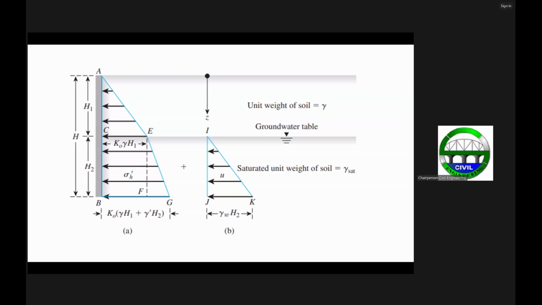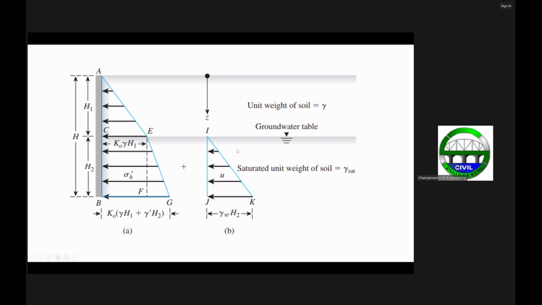For example, here you now have your wall AB with a height H. Let's divide that into H sub 1 and H sub 2, where H sub 1 is the depth of the groundwater level or the groundwater table.